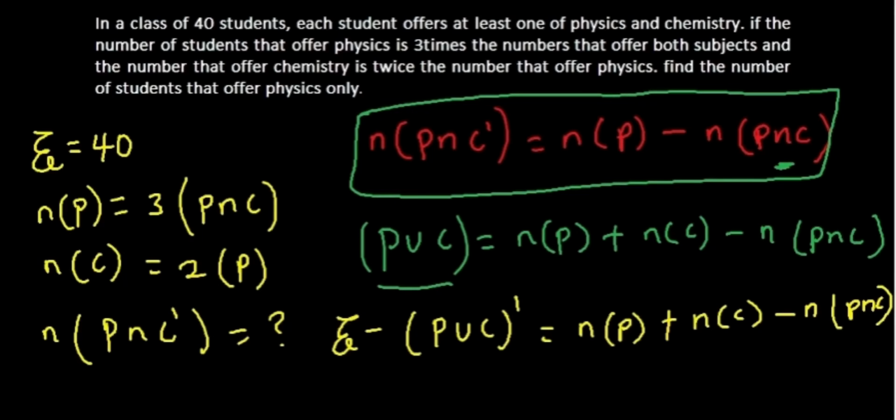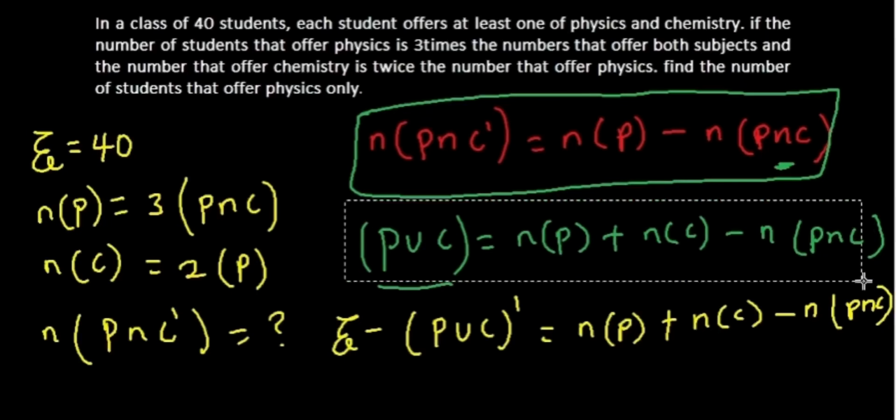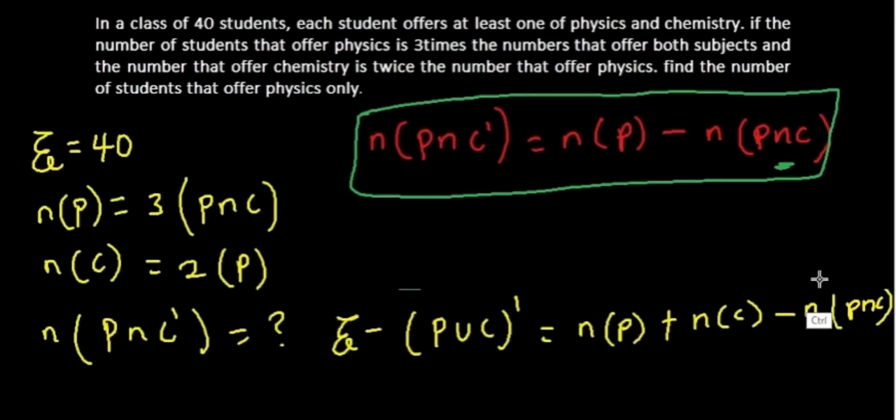Let's clear off this part so we can have the parameters intact. We already know that our universal set is 40, so we have 40, and this one does not exist, so we have 0. The number of P here is 3 times P intersection C. So let's call P intersection C X, so we won't be writing this all the way.